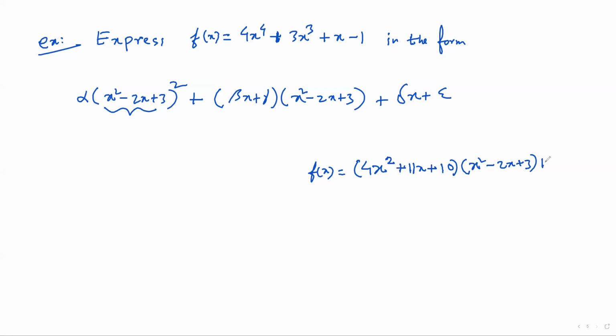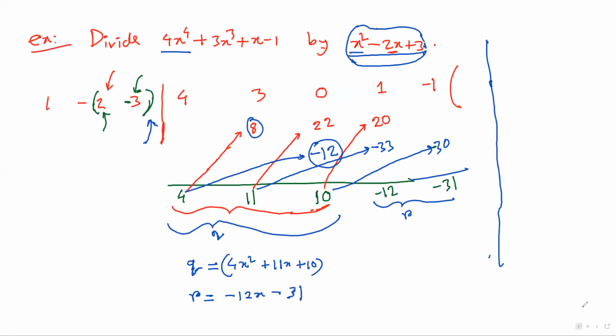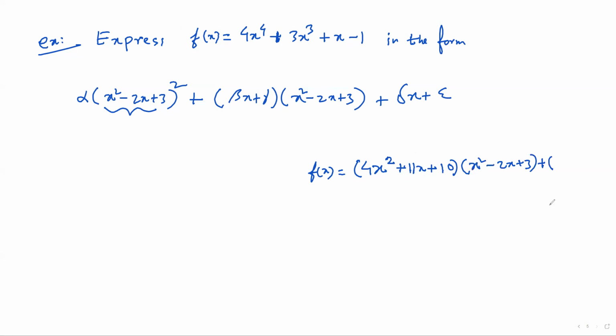Let's just write in plus form, so minus 12x minus 31. This is the quotient and this is the remainder.